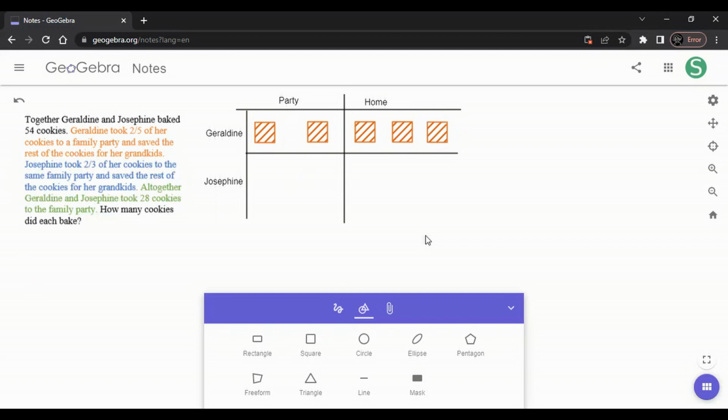Now the blue sentence says, Josephine took 2/3 of her cookies to the same family party and saved the rest of the cookies for her grandkids. And we'll use the same thing here, but this time we're using a triangle to represent Josephine's cookies.